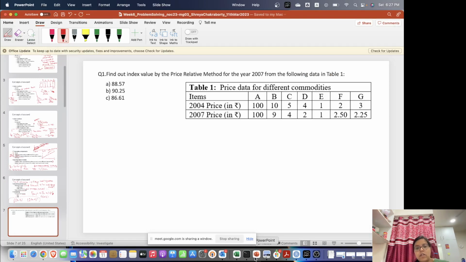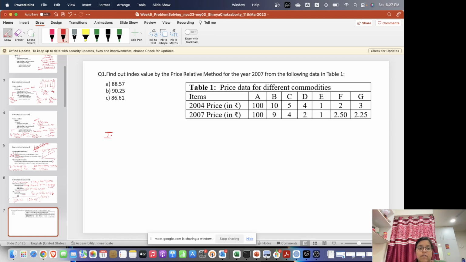So the first question is, find out the index value by the price relative method for the year 2007 from the following data in table 1. So here what we have is the prices of items 1, 2, 3, 4, 5, 6, 7.